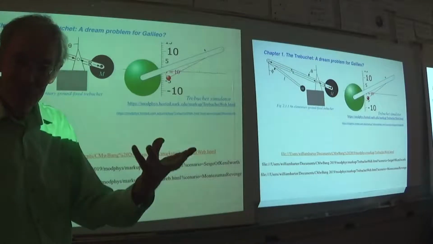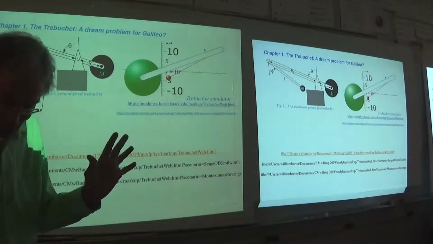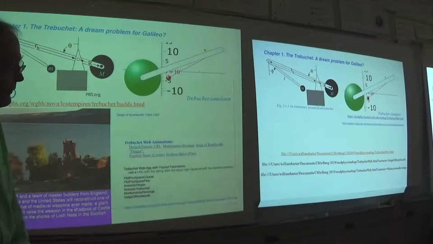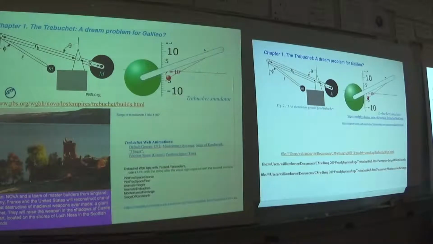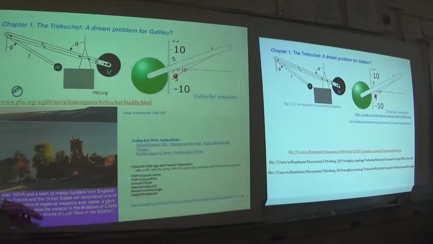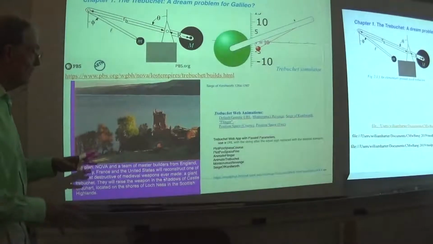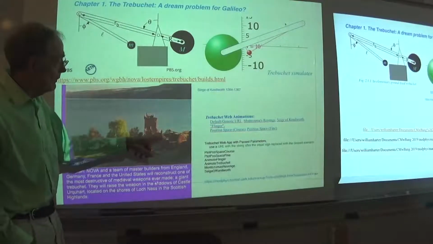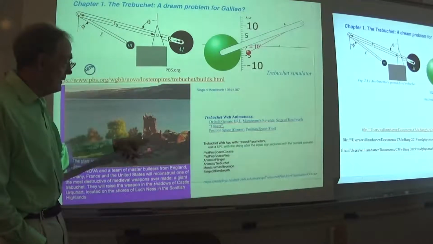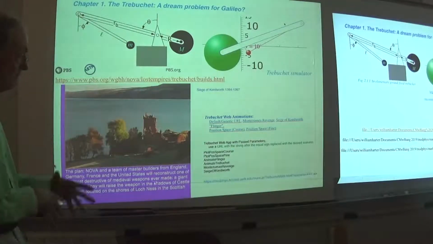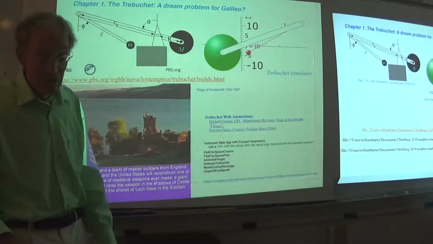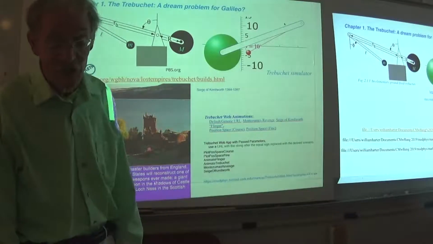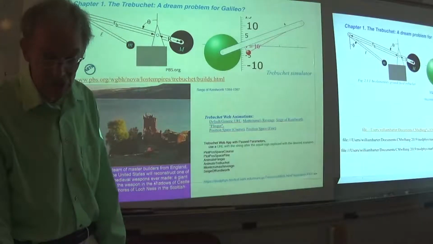Lake Loch Ness is where this occurs. This is a picture of Loch Ness, and there's a NOVA program where builders from England went and tried to reenact in all of its glory and punch a hole in a wall of an ancient castle that apparently was the castle that was involved in the siege of Kenilworth. It was a big deal in England.